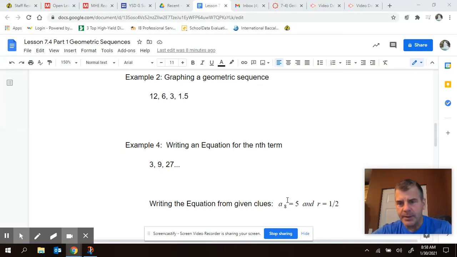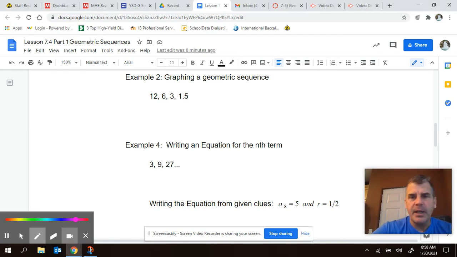If you've been following the sequence, no pun intended there, of videos, you'll notice that we're going to use the previous example here to help us write the term. You'll see a nice tie between the graphing of it, making the table, and then leading us to the equation.